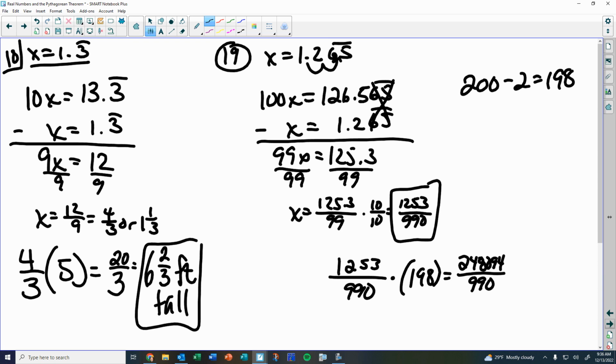Now it just keeps getting uglier, right? Well, this is going to tell you the money though. When you take 248,094 divided by 990, you get 250.6 in the currency. That's what she's getting back. Anyone get that? That was a tough one. Good job, Justin.